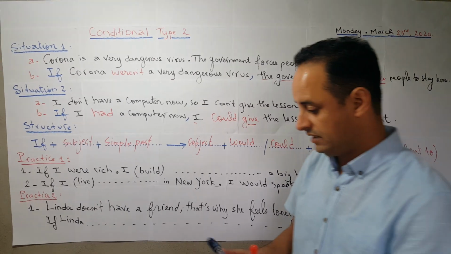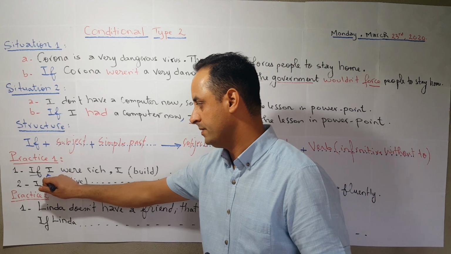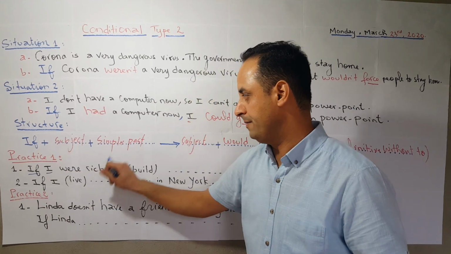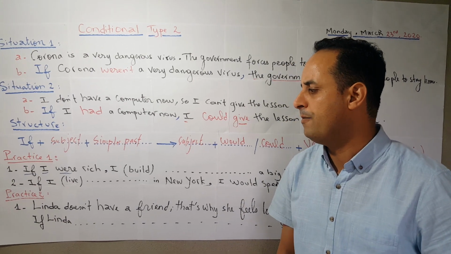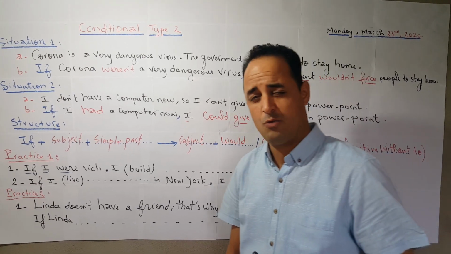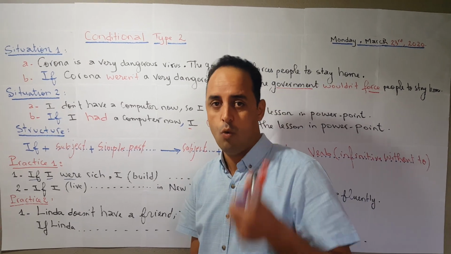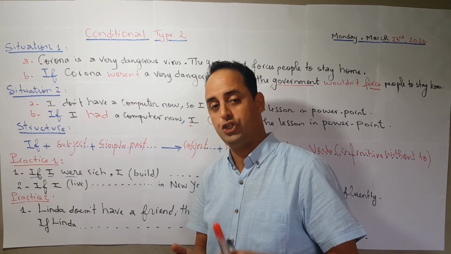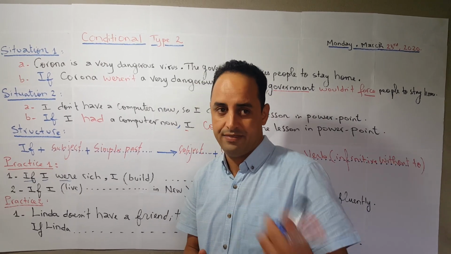Here, you can see that the sentence starts with if, then subject, I, then the verb in the simple past, were. You may say that we normally say was, not were. Yes, you are right. We say was with I, he, she, and it, and we use were with you, we, and they.